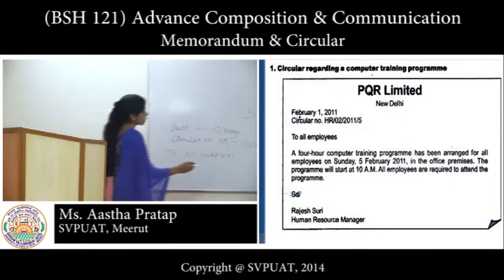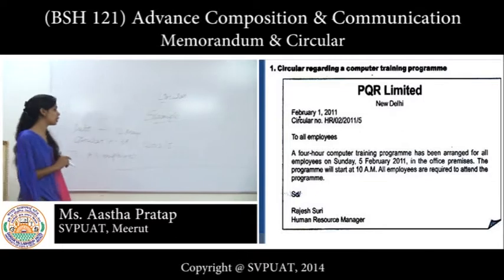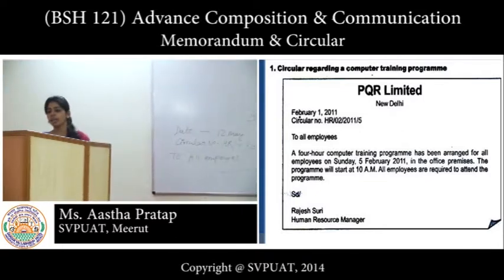After that we come to our body, whatever we want to say. From here our body will start, and after finishing it we have to give the name of the manager or the sender with his post.